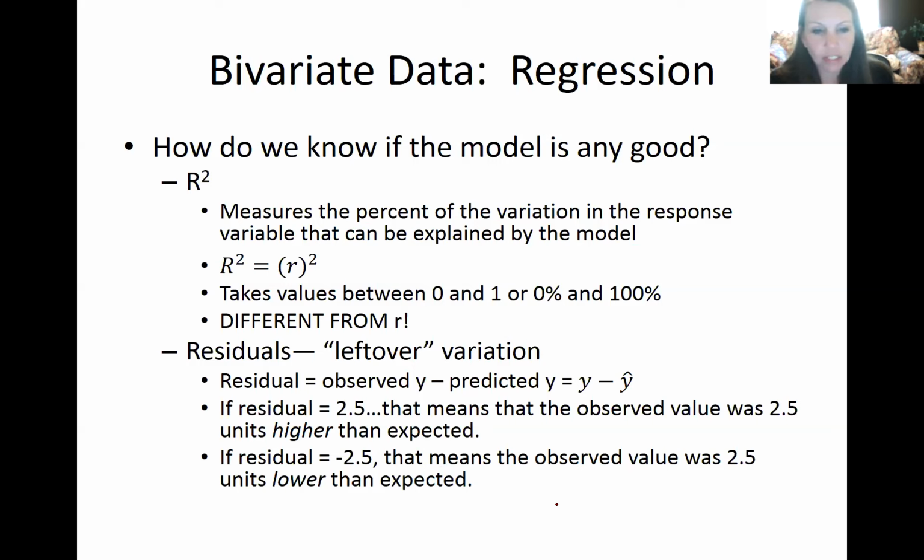A residual just tells you how many units you were away from the predicted value. If a residual equals 2.5, that means the observed value was 2.5 units higher than the line, than what you would have predicted. And if the residual is negative 2.5, the observed value was 2.5 units below the line, or below what you would have predicted or expected.